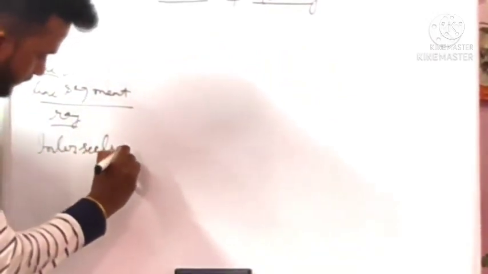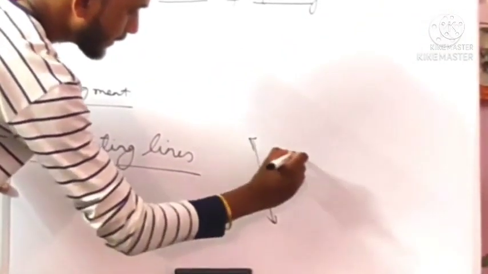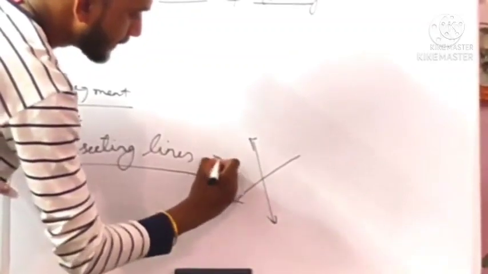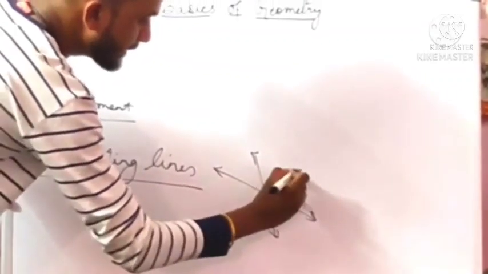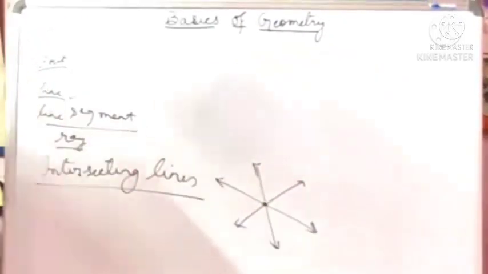Intersecting lines. Now what are these intersecting lines? As I told you what lines are, now we are going to talk about intersecting lines. Suppose many lines are there. Suppose this is a line, this is another line, this is another line, but I can see one common point where they are cutting each other.